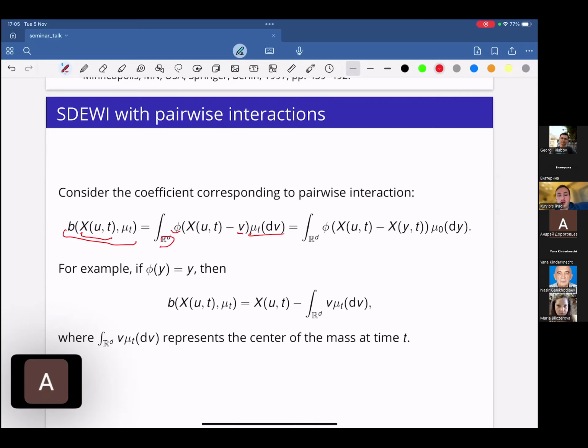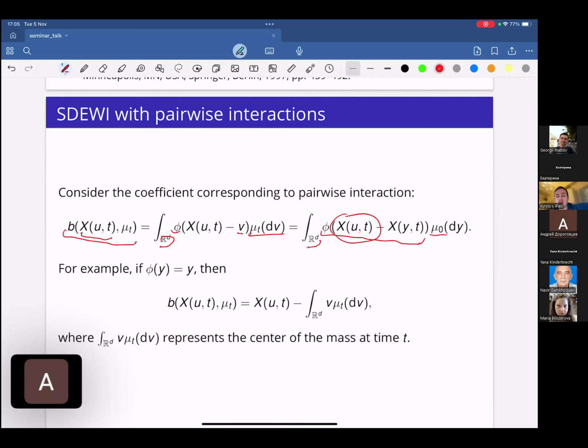If we make a change of variables, we can see that our integrand goes over all other points in the space R^d. So our point x(u,t) has information about all other points, weighted by the measure mu zero.